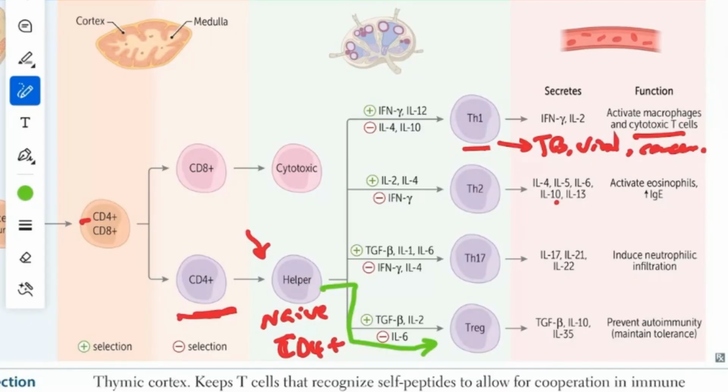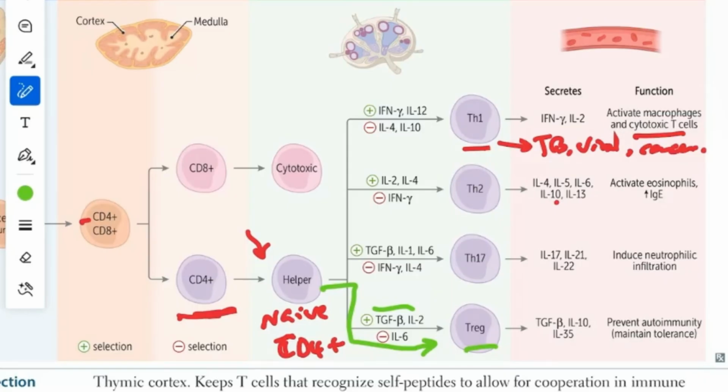Another scenario where Tregs can be produced is where the naive CD4 helper T cell receives these cytokines: transforming growth factor beta and interleukin 2, to become a regulatory T cell.